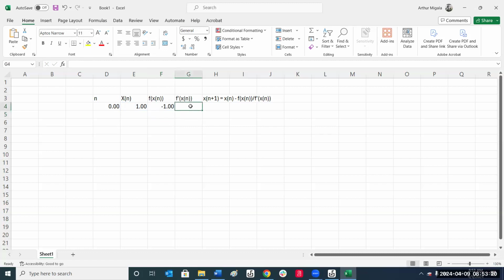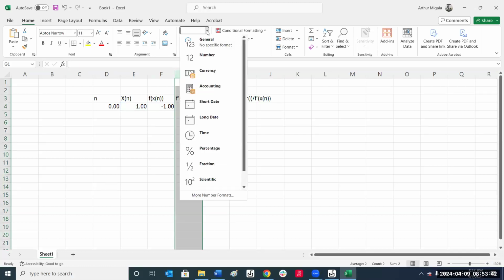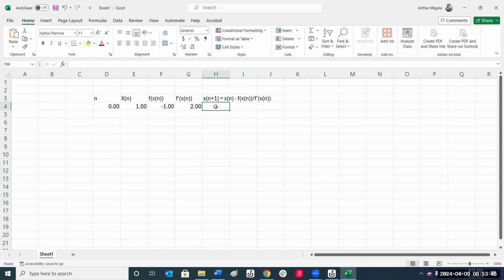There. And this one is 3x squared. So it's 3 times x squared minus 1. This one's going to be that number minus that divided by that.